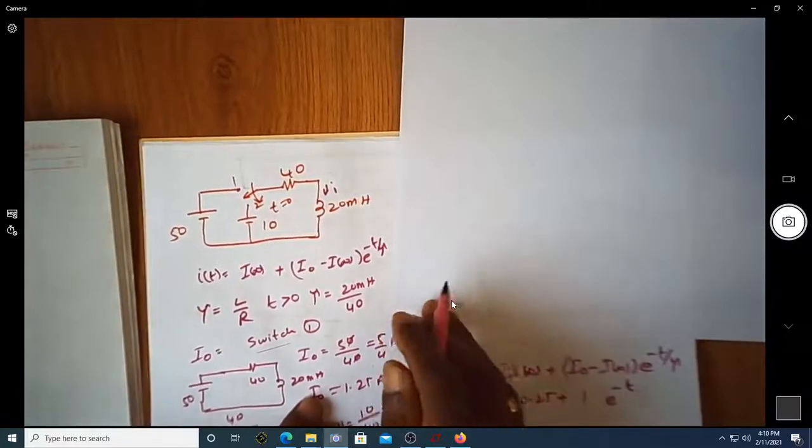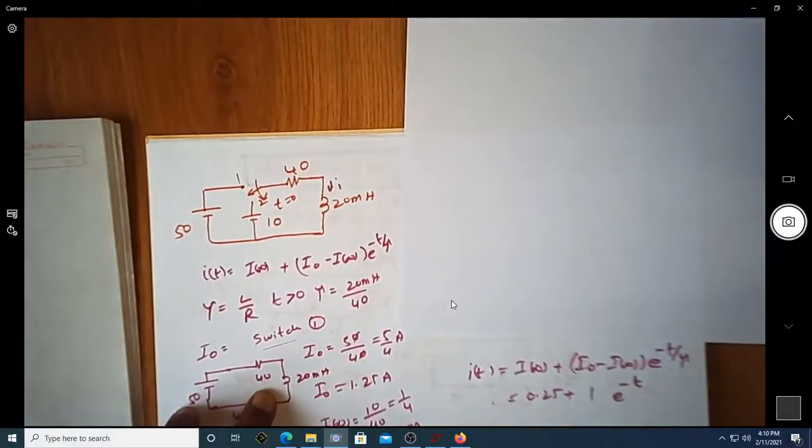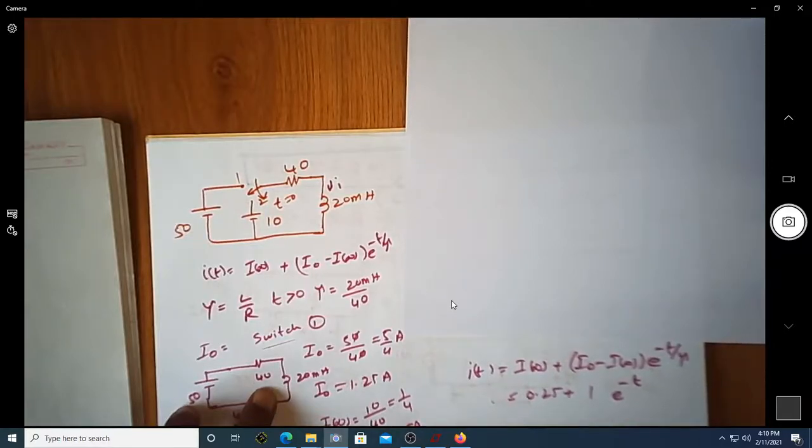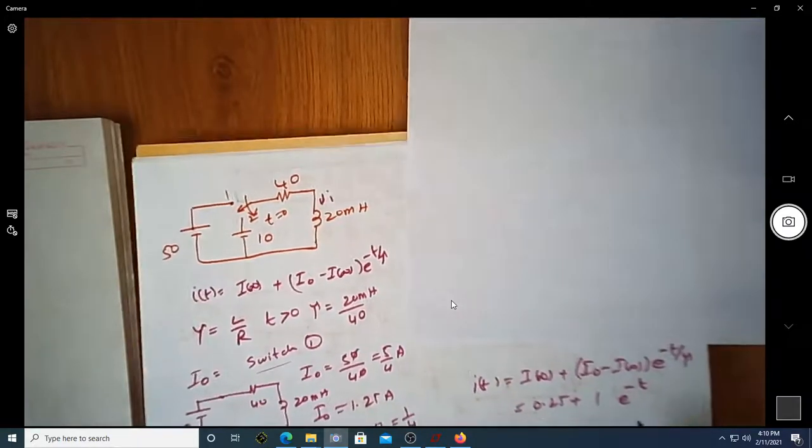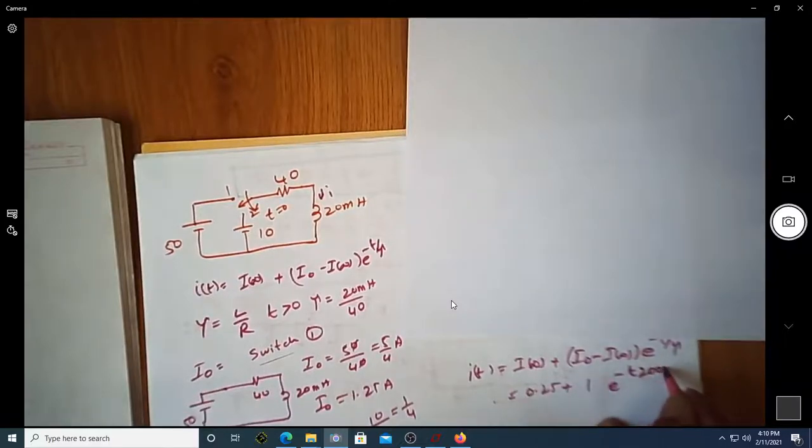Now 1 over tau is 40 divided by 20 millihenry, which is 4 by 2 milli, or 2 kilo per second. So this is equal to 2000.